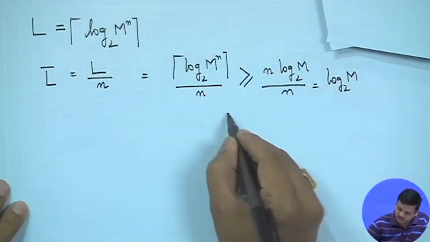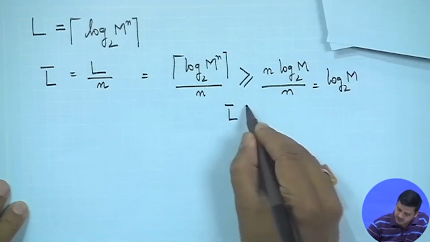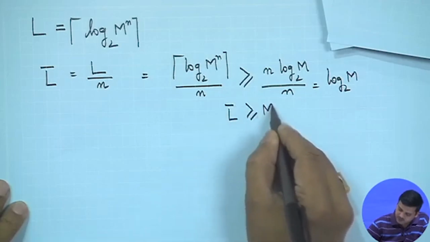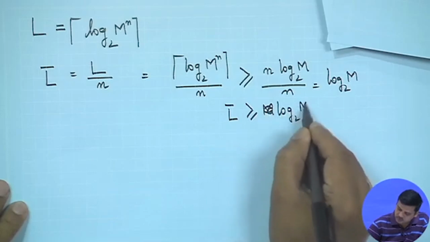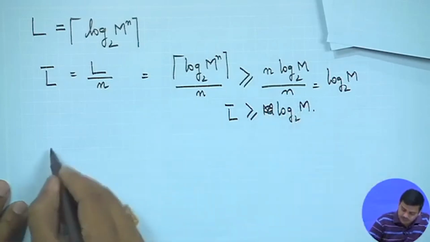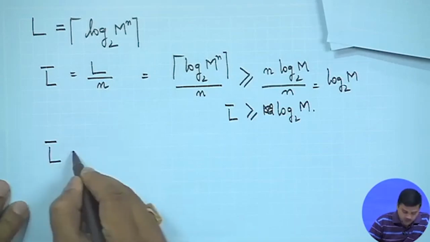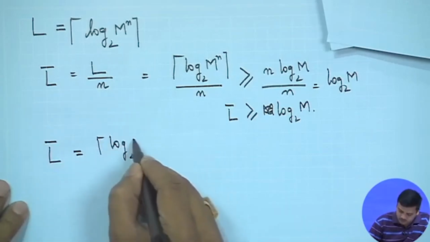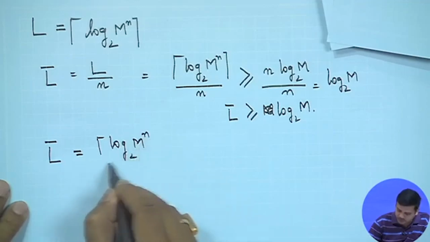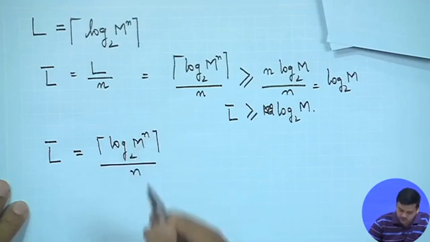So, that means what we have established over here is L bar is greater than or equal to log base 2 of m. Similarly, we can also argue that L bar, which is equal to the ceiling function of log base 2 of m to the power of n, upon n.